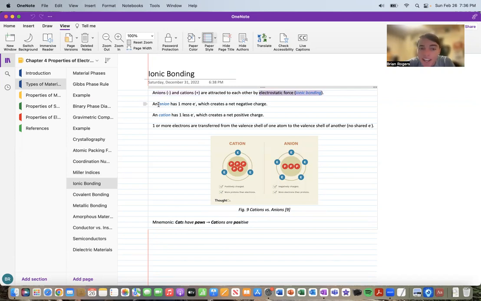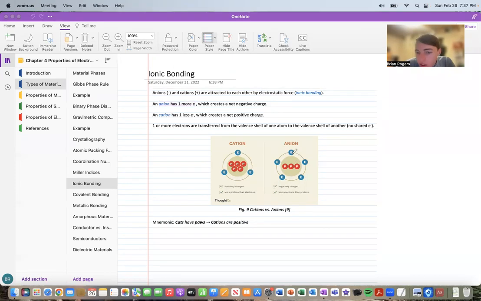An anion, you can think of it as having one more electron, so it has a net negative charge. In the diagram here, notice that the anion has more electrons than the cation. The anion has 5 electrons, whereas the cation has 3 electrons.